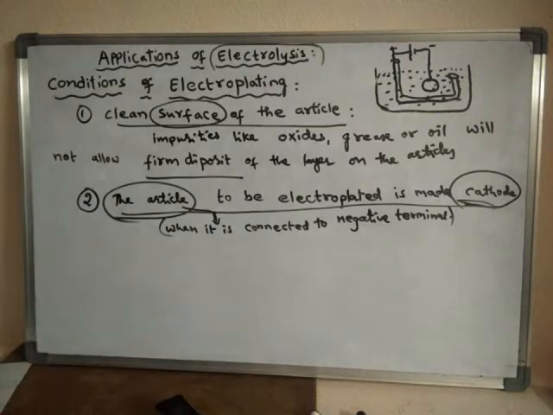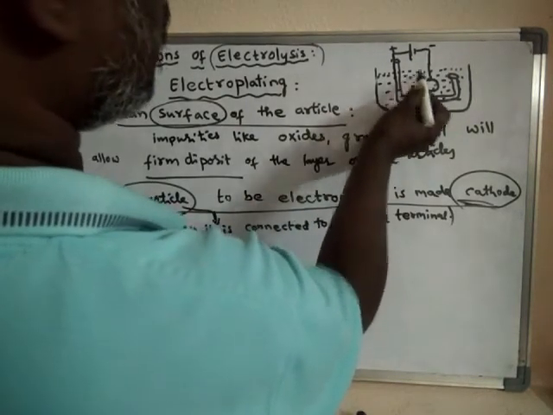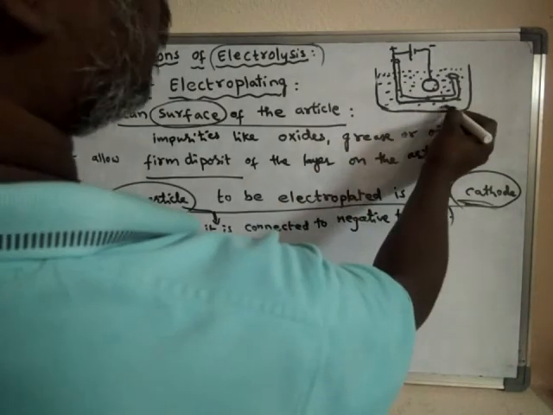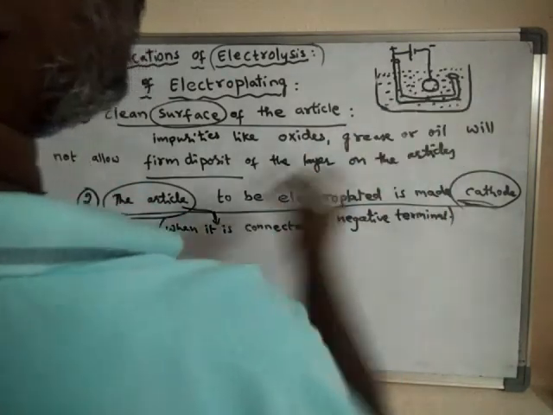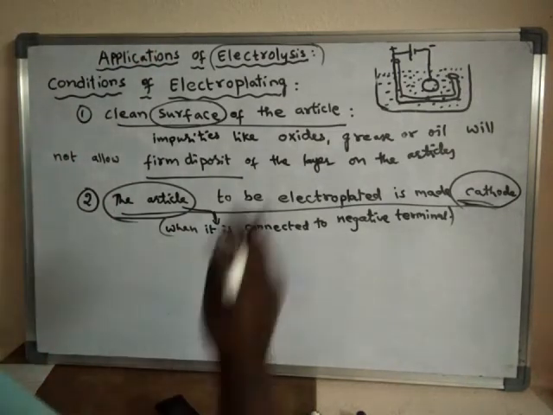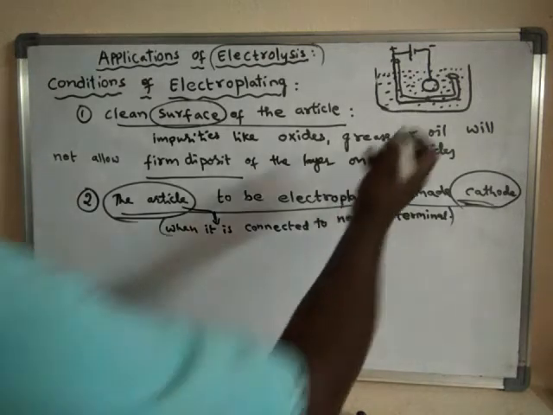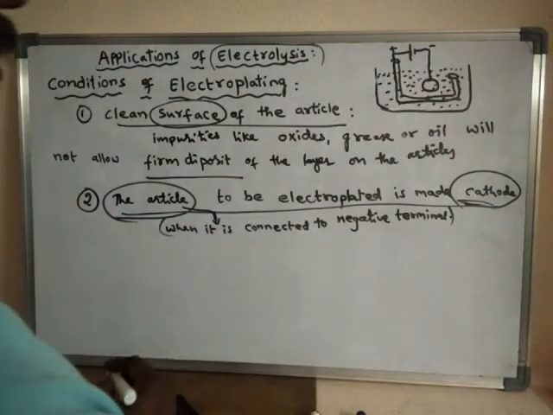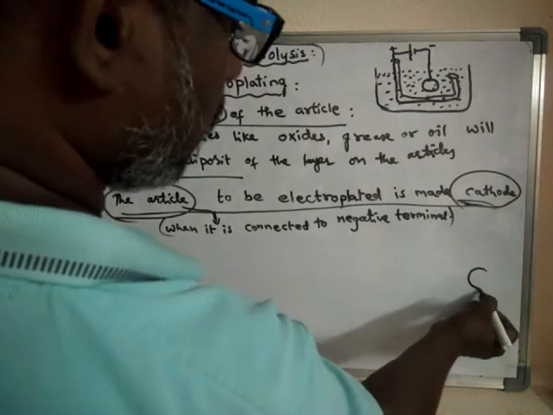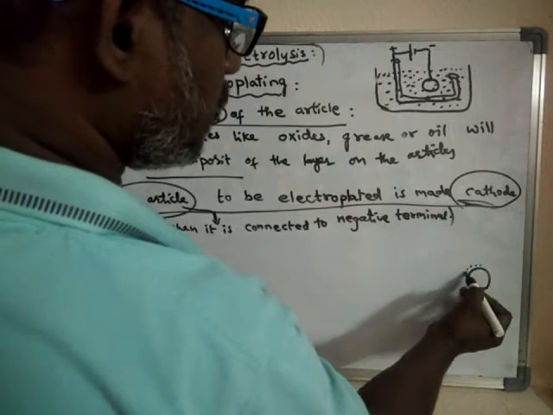That is because the positively charged cations from the electrolyte are discharged only at the cathode. See, actually, look here. This electrolyte contains positively charged ions. For example, if we want to deposit silver on copper, there is a copper ring, and on this copper ring I want to deposit a silver coating.